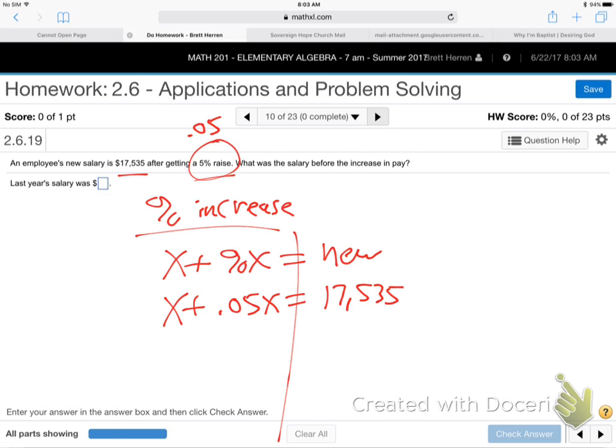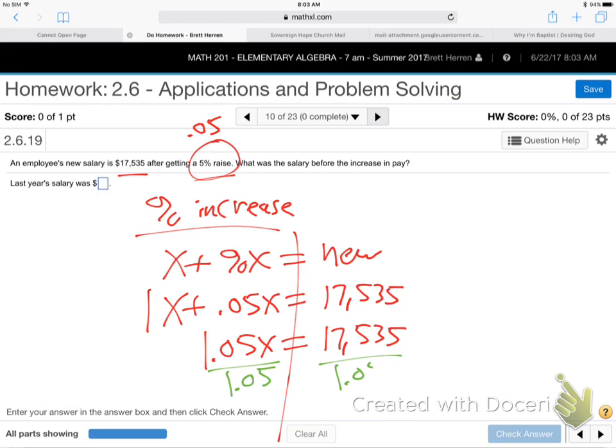What's really in front of that X when there's no number in front is the 1. Now we're adding, huh? It's not $1 take away 5 cents. It's $1 add 5 cents, huh? So it's 1.05x. Is that okay? Like that? Last time it was subtract.